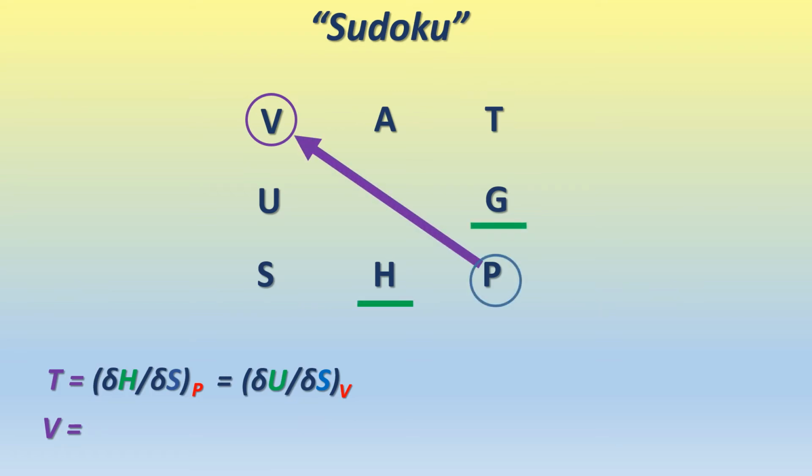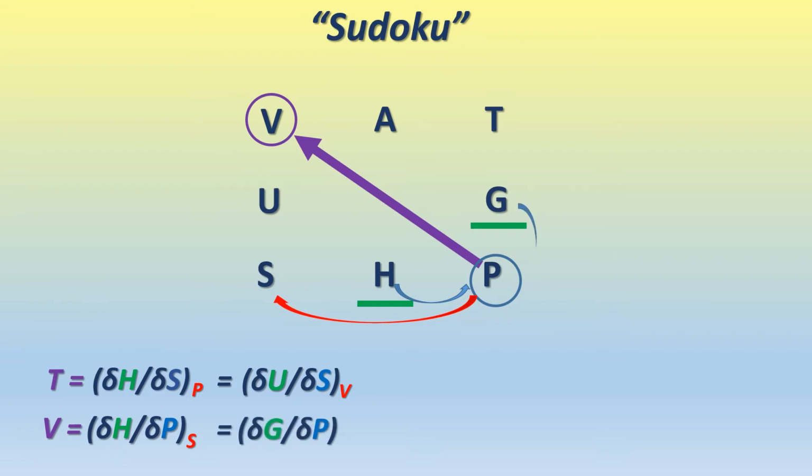Pressure is a natural variable of both enthalpy and the Gibbs free energy. So the partial of H with respect to P at a constant S is volume, or the partial of G with respect to P at a constant T is also going to be volume.